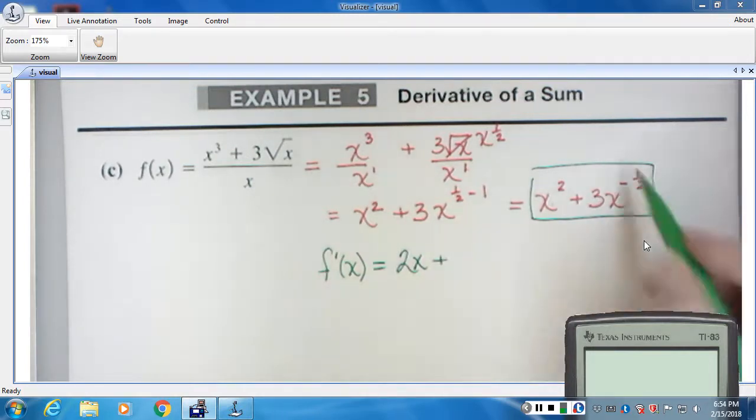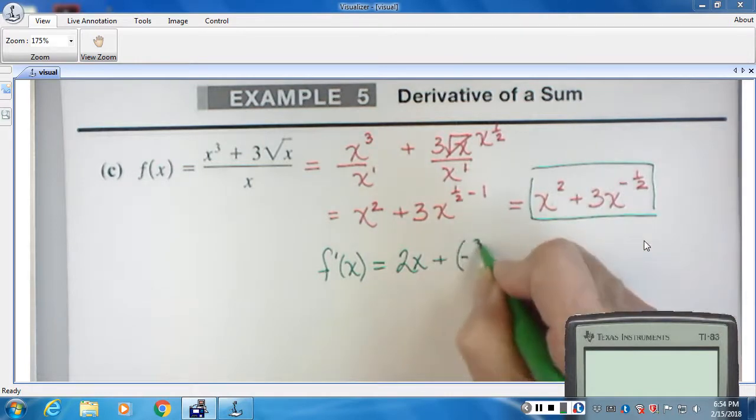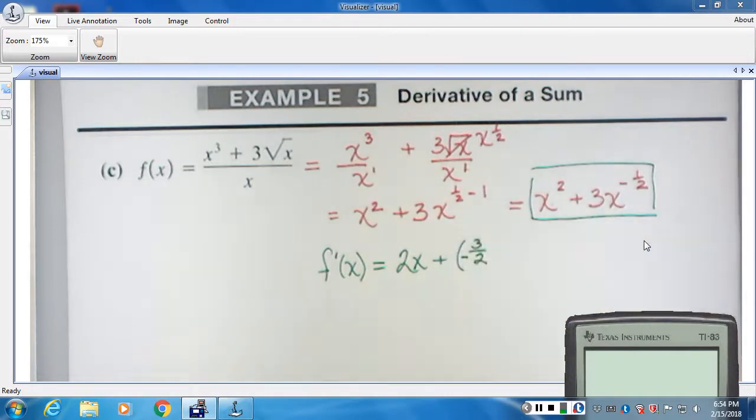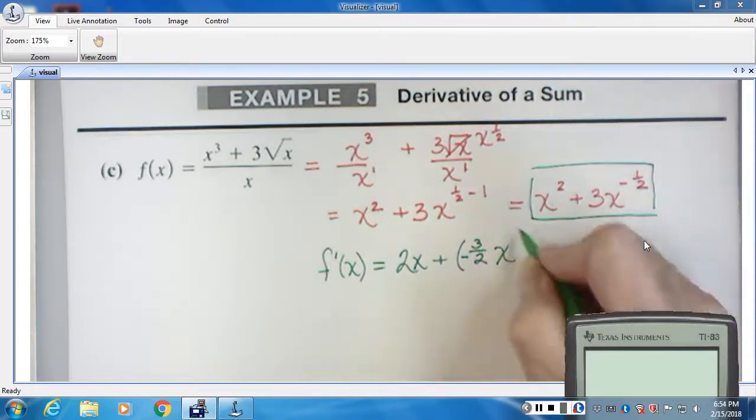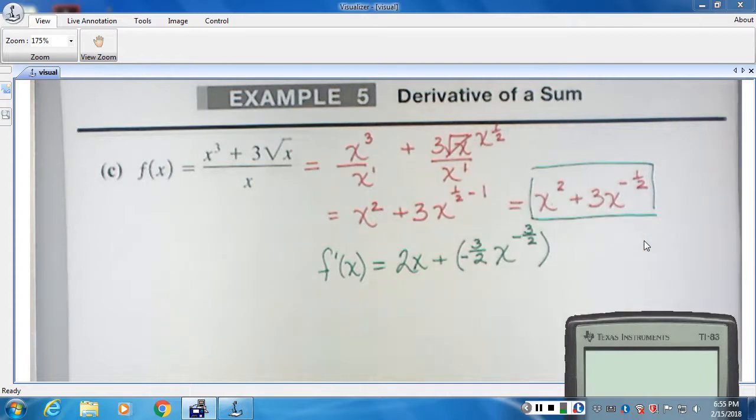plus negative 1/2 times 3 is negative 3/2, times x, negative 1/2 minus 1, negative 3/2.